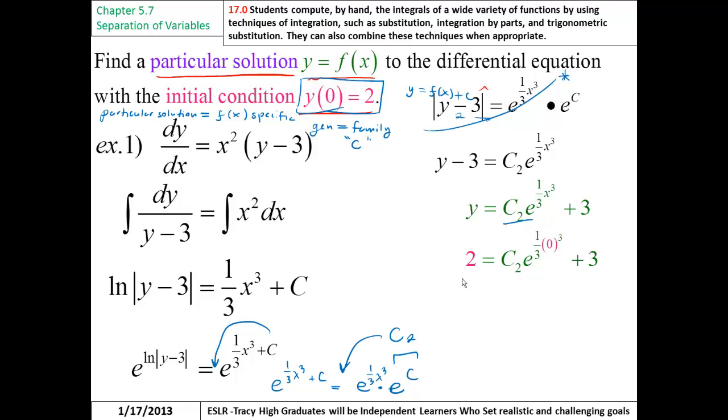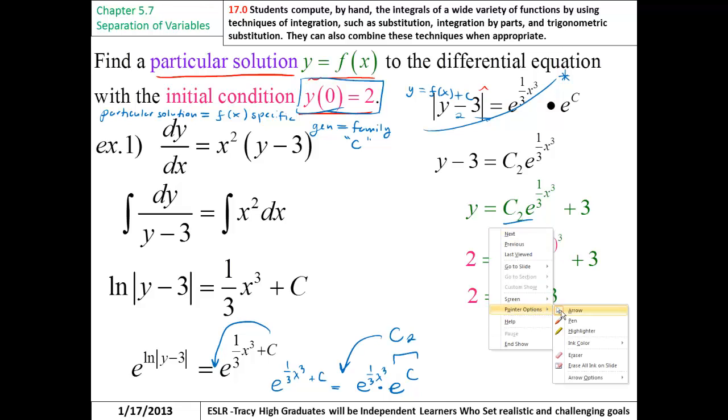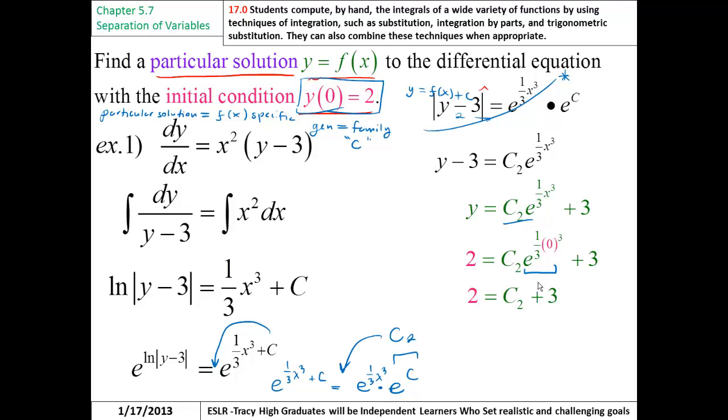A lot of the time with an exponential function, your initial condition is 0, which is usually a very good thing. So 2 equals c sub 2 plus 3, and then c sub 2 is minus 1.